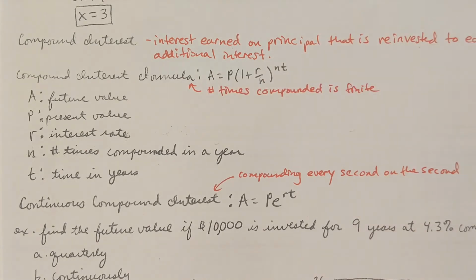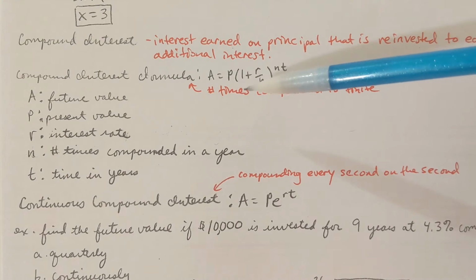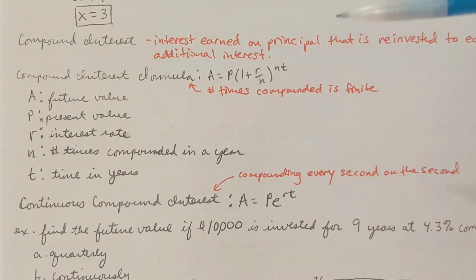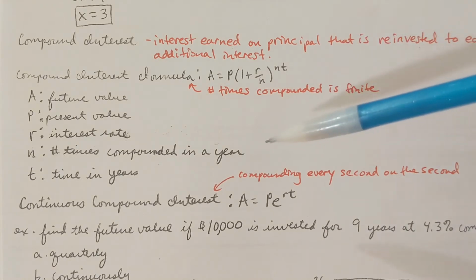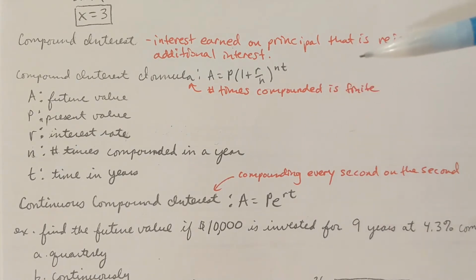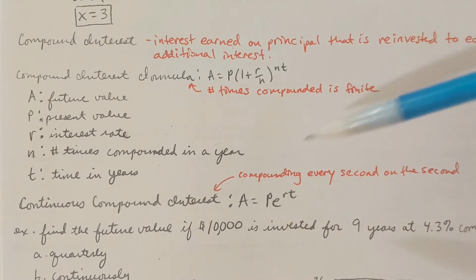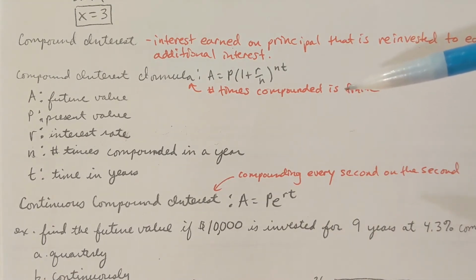A is the future value of the loan, P is the present value. P is sometimes called the principal. r is the interest rate. The interest rate is usually expressed as a percentage. n is the number of times compounded in a year. And t is the number of years.